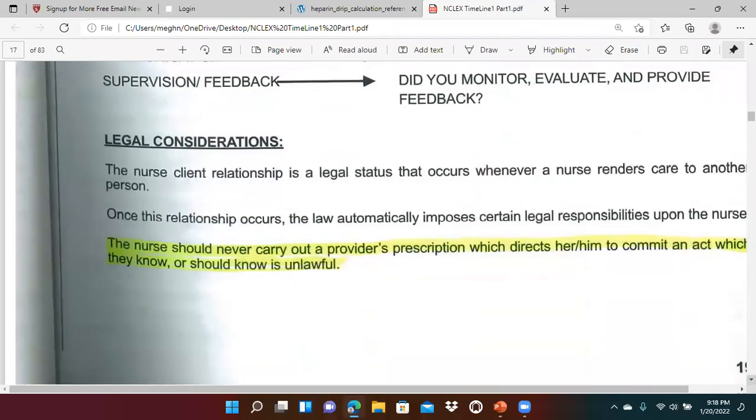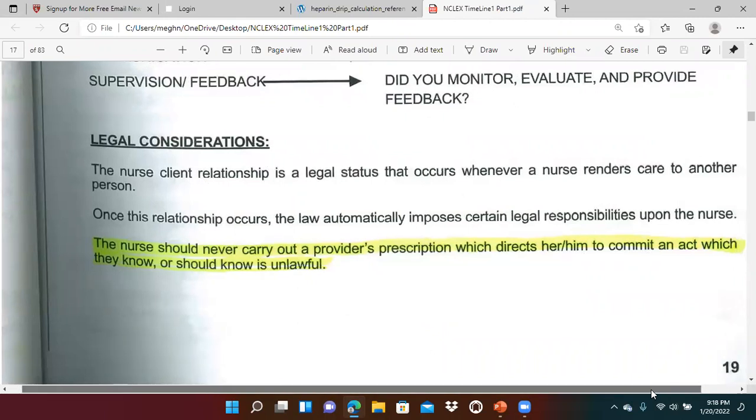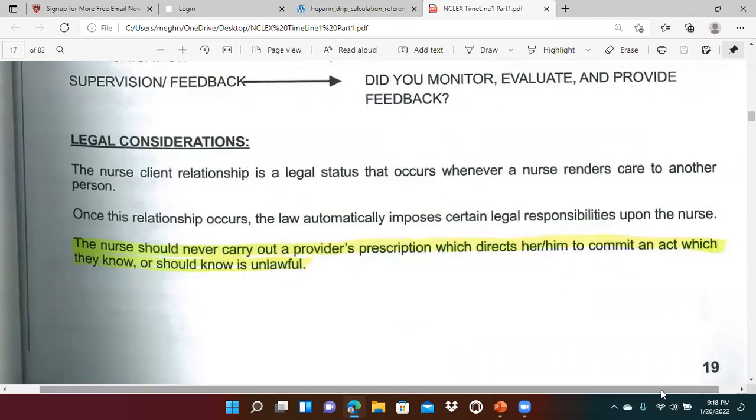What next? The legal considerations. The nurse-client relationship is a legal status that occurs whenever a nurse renders care to another person.